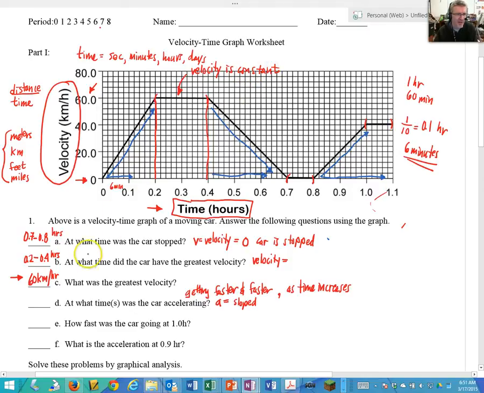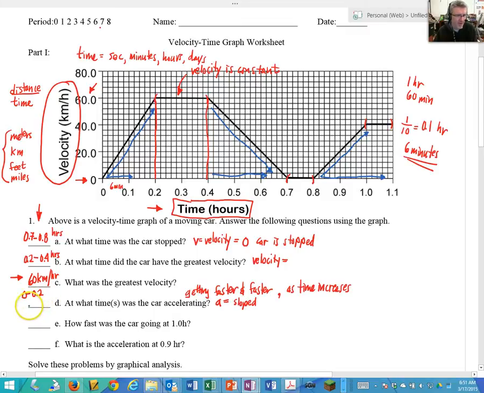If you're taking notes, this is all I want to see on the worksheet. You don't have to write all this other stuff I've got here. That's just for your information. Just clean up a little bit here. There we go. So the times the car was accelerating, there are actually a bunch. So let's see. You've got from 0 to 0.2, the car is accelerating.